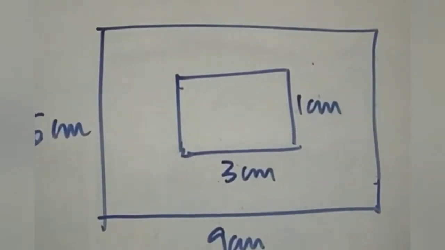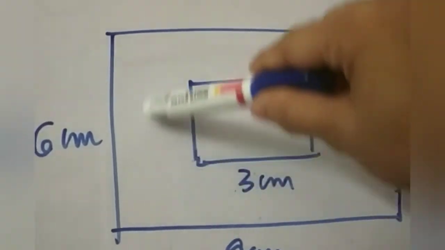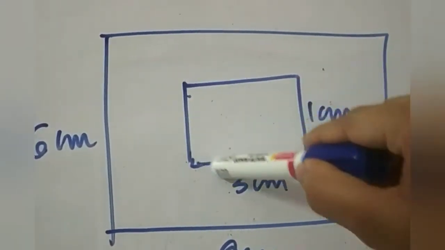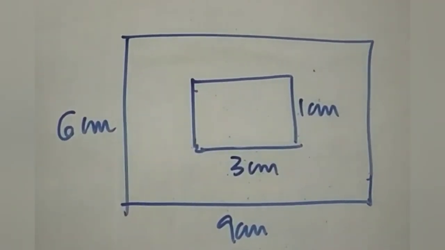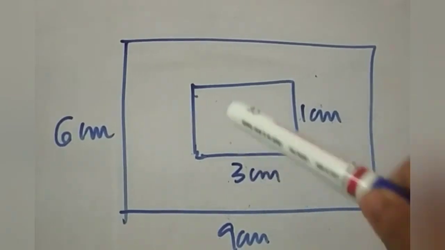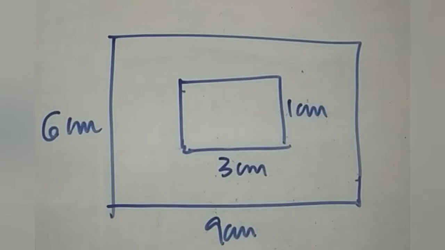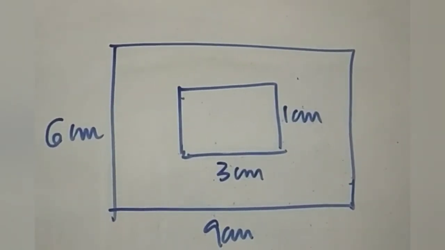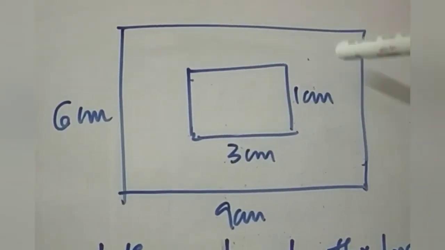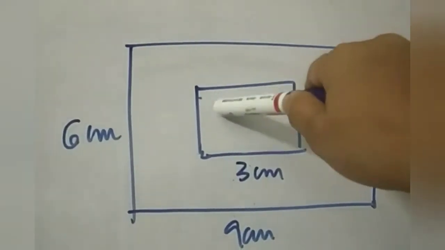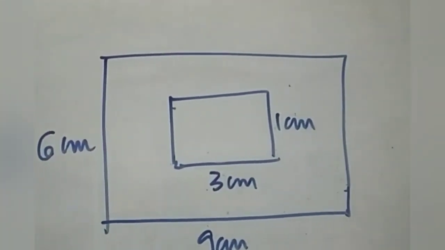See, here we need to find out the area of this particular portion, excluding the area of this garden. So which mathematical operation should we use here? We need to remove this area from this whole area. So we should use subtraction. So to find out the area of this region, we need to subtract the area of this garden from the area of this park.